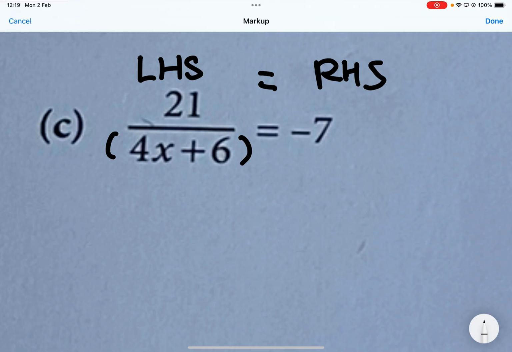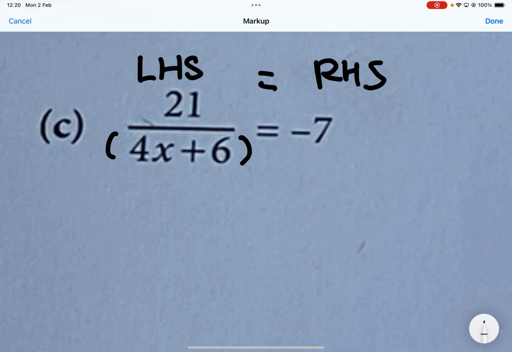Okay, workbook, page 11. Quick, quick, quick. Page 11. You may have done it already, listen to my explanation. Follow my steps.